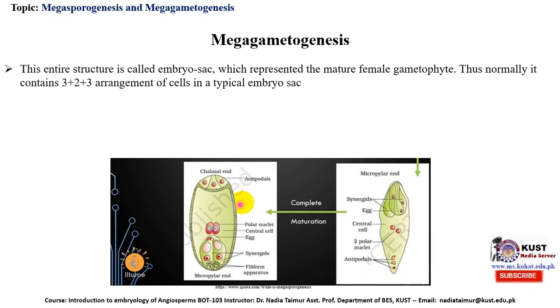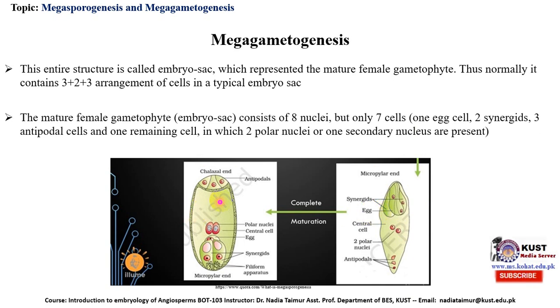So this entire structure is called embryo sac. So these 2 structures are embryo sacs, and it represents the mature female gametophyte. So normally it contains 3 plus 2 plus 3 arrangement of cells in a typical embryo sac. The mature female gametophyte consists of 8 nuclei, as you can see, 1, 2, 3, 4, 5, 6, 7, 8. You can count it by yourself, but only 7 cells. How?